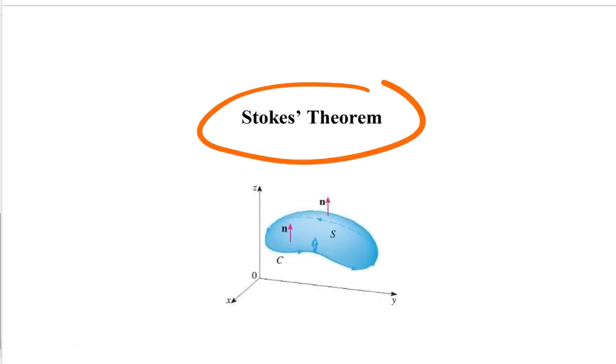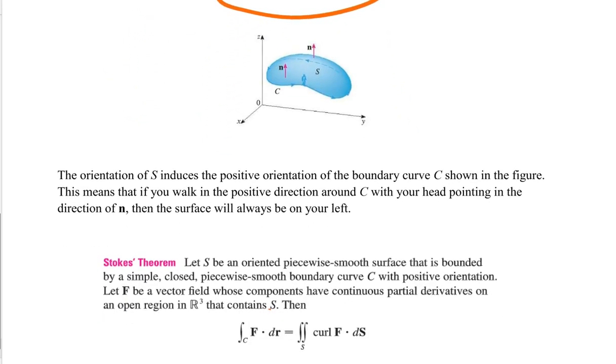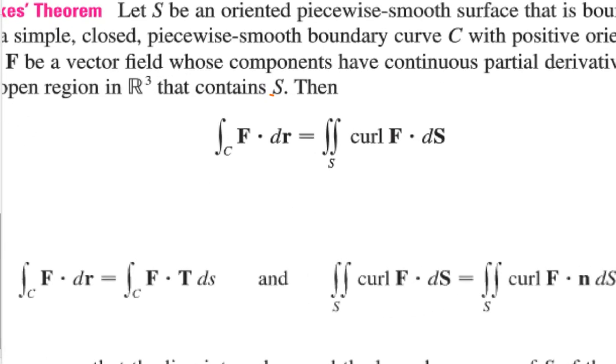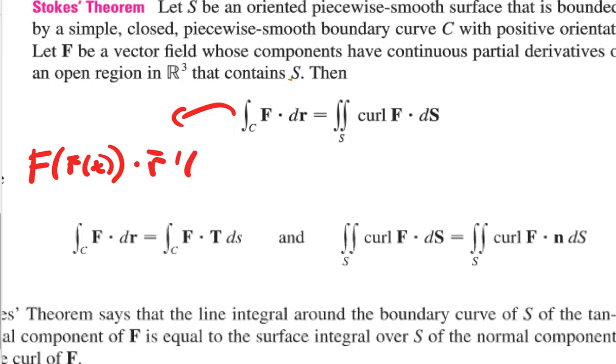Okay, so what I want to do is Stokes theorem, it's 6.8, and then we'll do the divergence theorem. Essentially, what it says is that if you want to find the work done by a force field over a curve C, then instead of doing the single integral like you have been doing, so this would be F of r of t dotted with r prime of t and all that stuff, integral over C dt and all that.